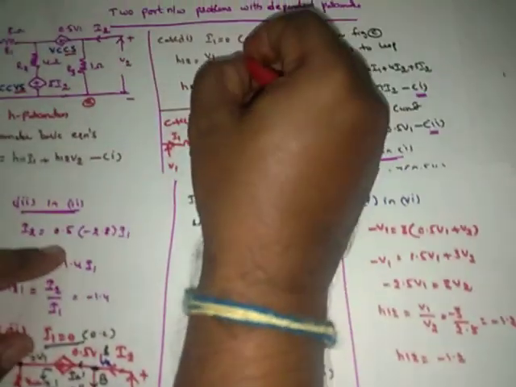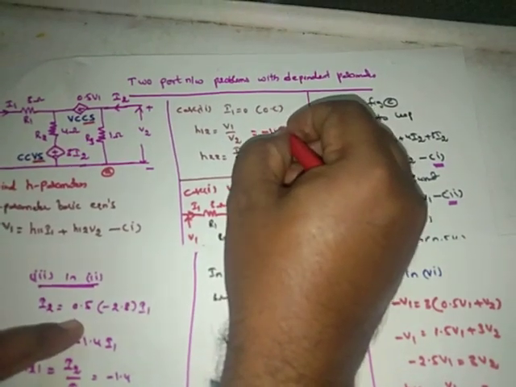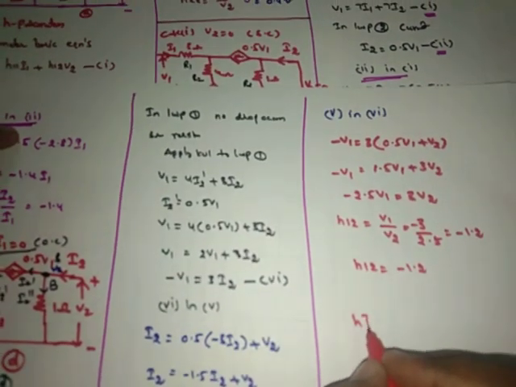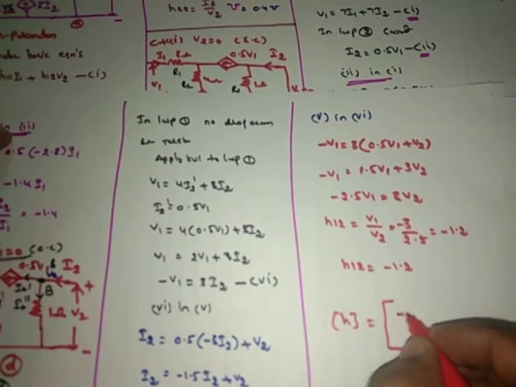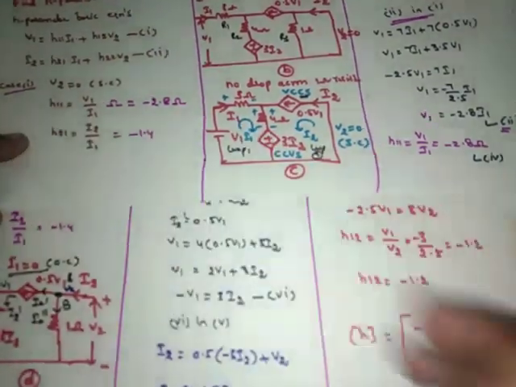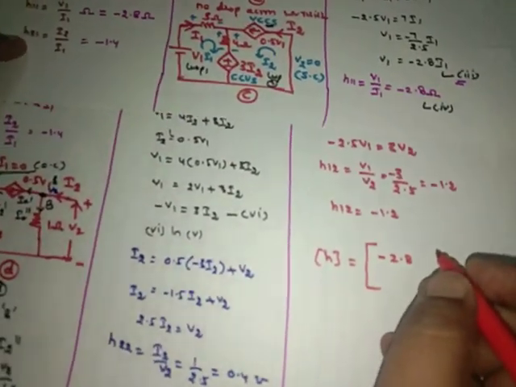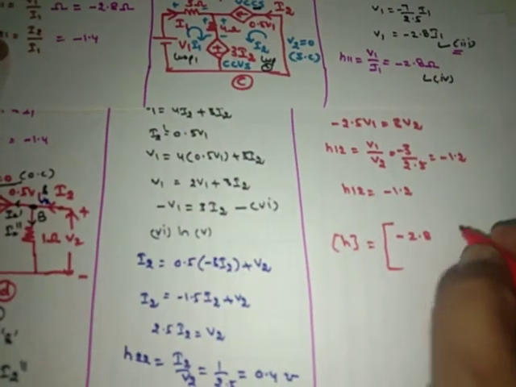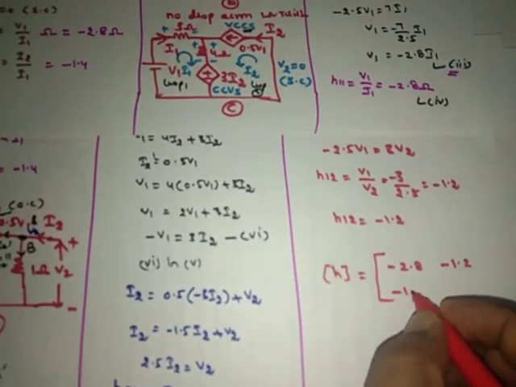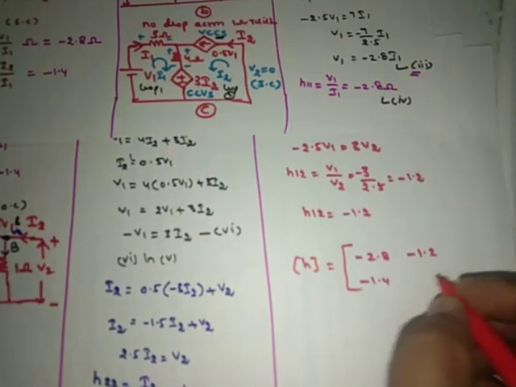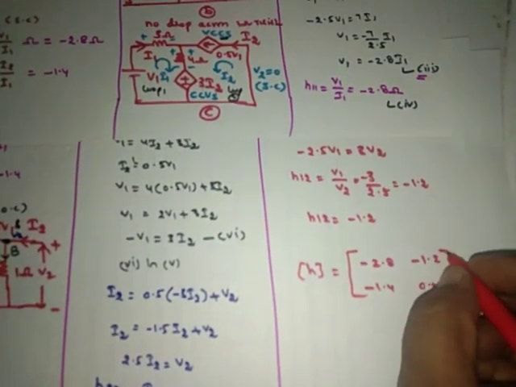So finally the H matrix is: total 4 values. H11 is minus 2.8, H12 is minus 1.2, H21 is minus 1.4, H22 is 0.4.